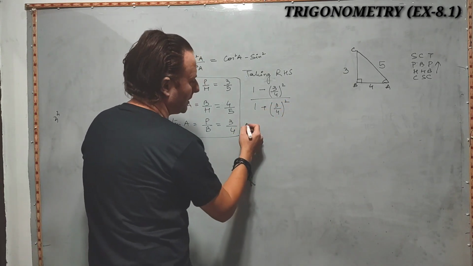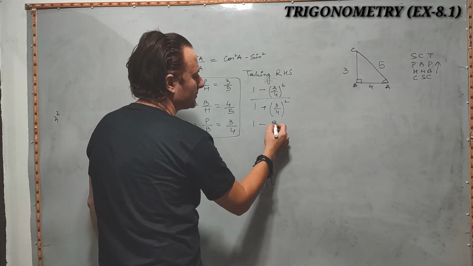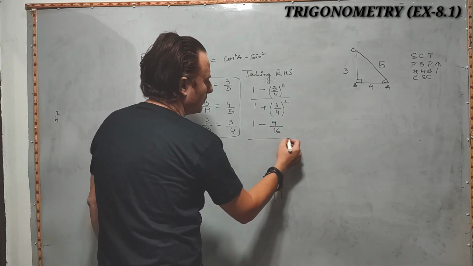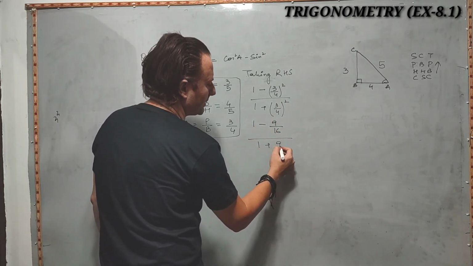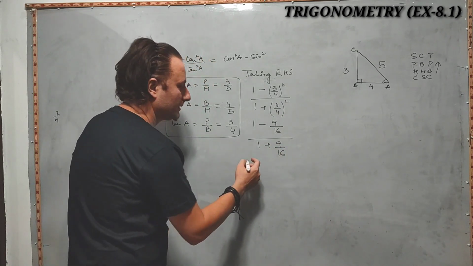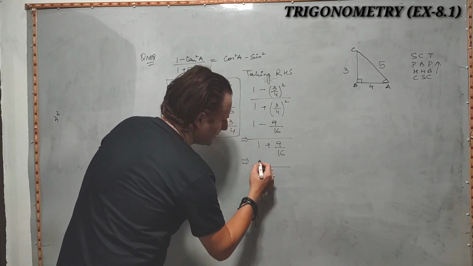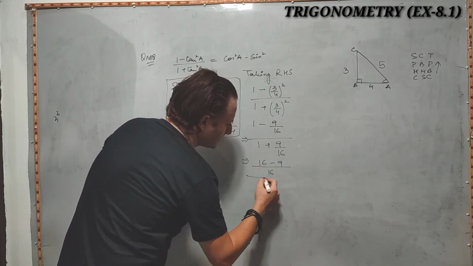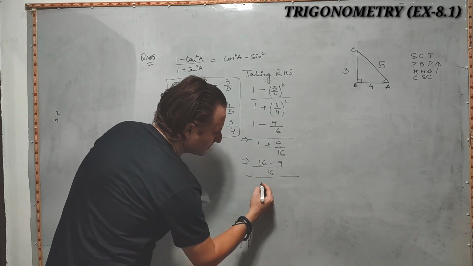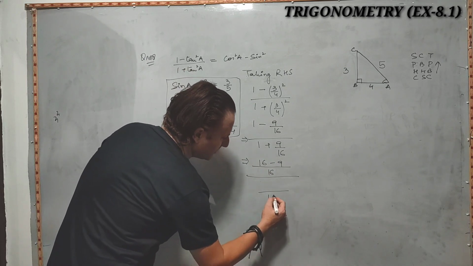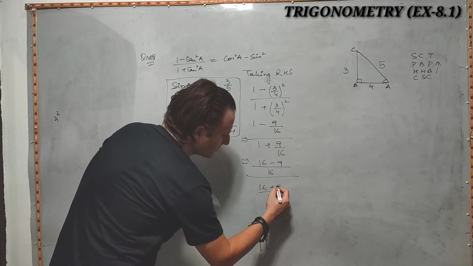So what does this become? It becomes 1 minus 9 upon 16 whole divided by 1 plus 9 upon 16. Now let's take the LCM. This is 16. 16 minus 9, just the way we did it in the previous question. Here also the LCM will be 16, so 16 plus 9.